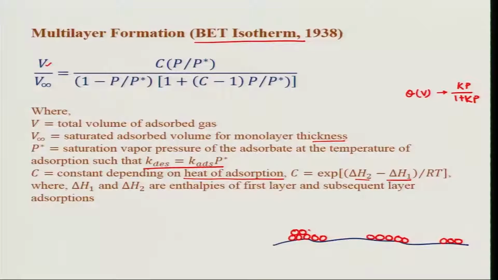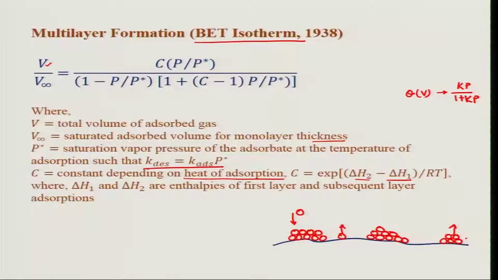Then some adatoms will start to get adsorbed on top of this, and there will be desorption from both sides simultaneously. The change in enthalpy for second layer or third layer adsorption is considered the same, and this expression will give you the volume adsorbed in the form of multilayers.